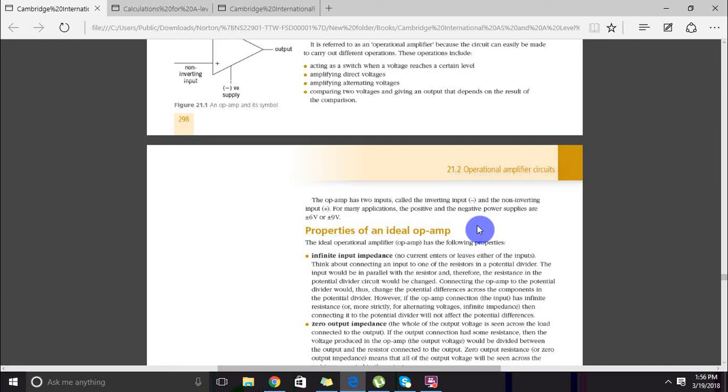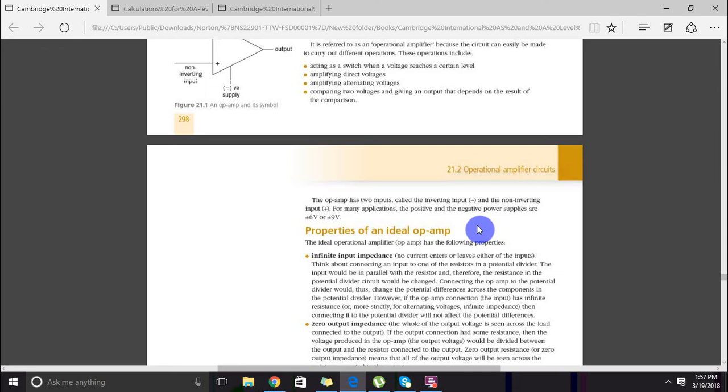But if we were to connect an input to one of the resistors, the input and that resistor would effectively be in parallel, and so the overall resistance of that potential divider circuit would change, and so would the potential difference that drops across that resistor.